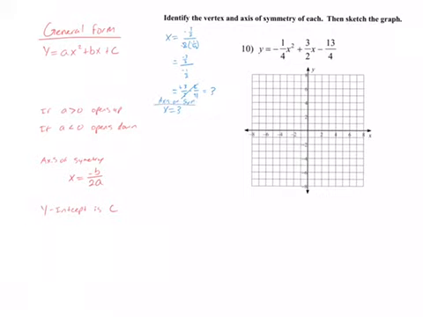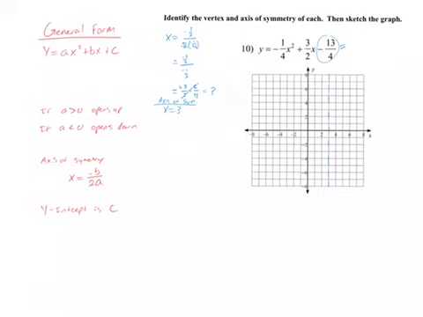So then I'm going to go ahead and draw that on here, just with dotted lines. I know, well, I guess let's see here, this number right here, negative 13/4.